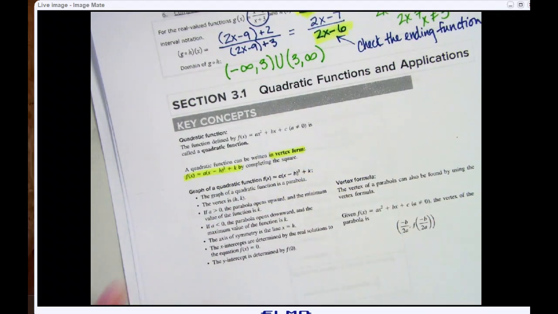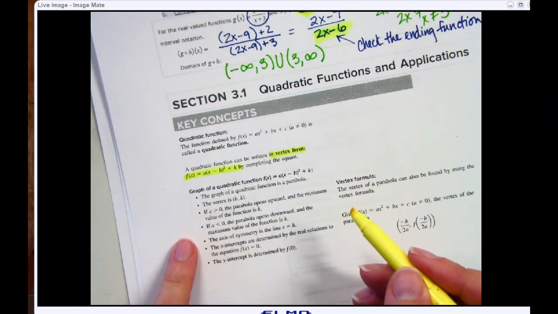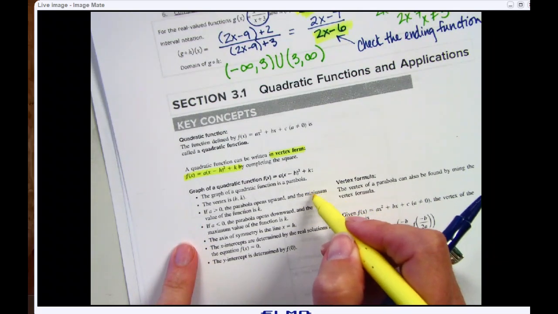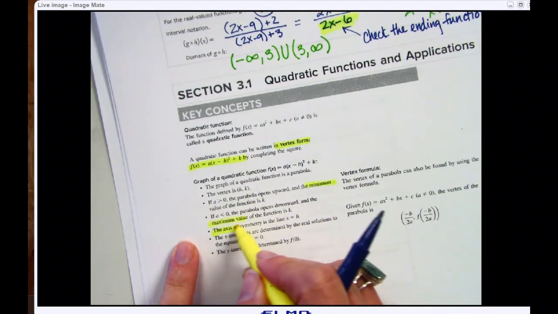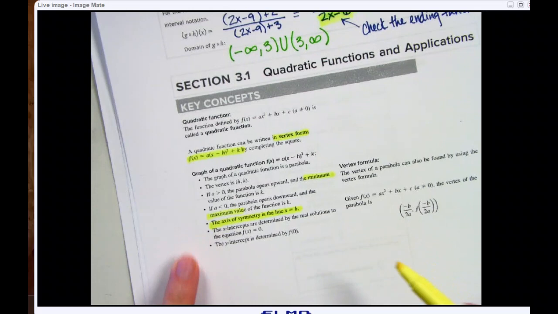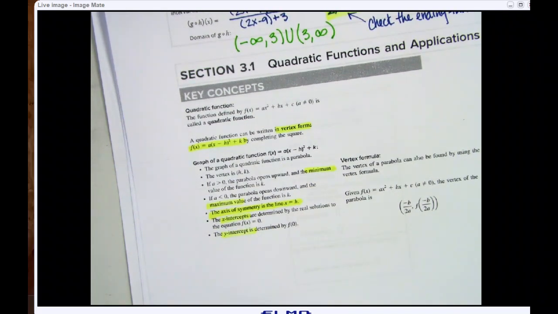And we were graphing by using vertex form last week. We will talk about minimums and maximums, the axis of symmetry, x-intercepts and y-intercepts. Those are all key features.